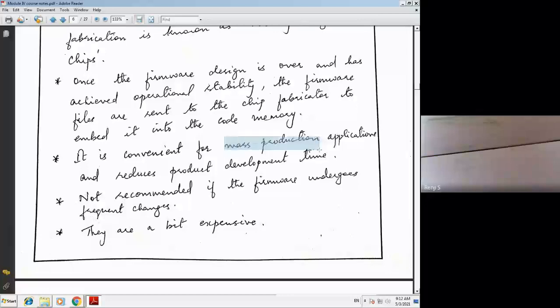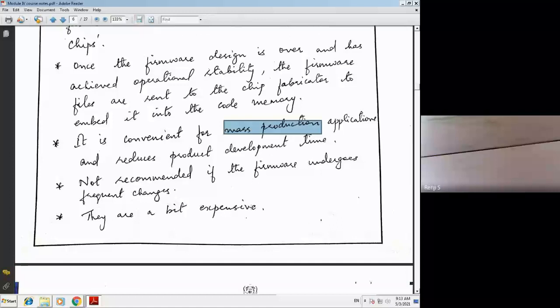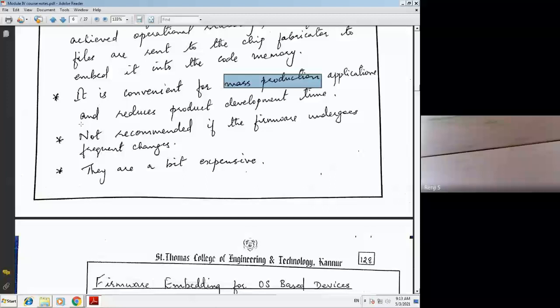This method is suitable for mass production applications, and it reduces product development time, because once you have tested a firmware, you can apply it to any number of chips. It is not recommended if the firmware undergoes frequent changes, since it is done by the manufacturer. If you want to change the firmware, the entire chip needs to be reprogrammed. Once it is delivered in the market, you cannot change the firmware.